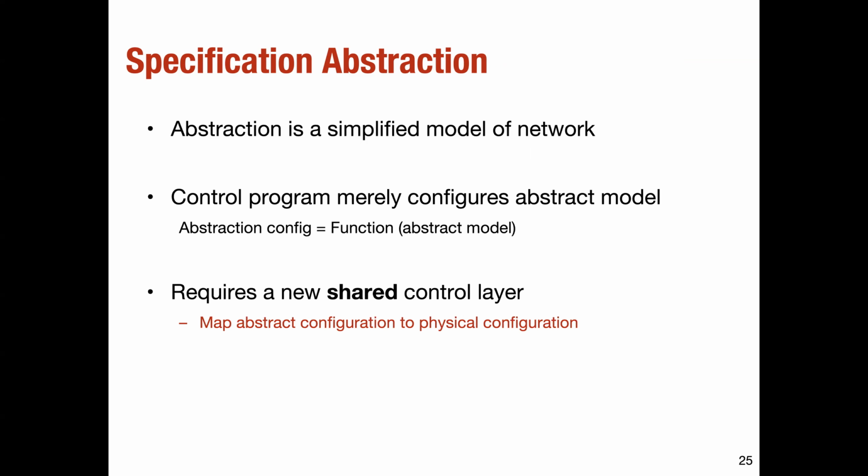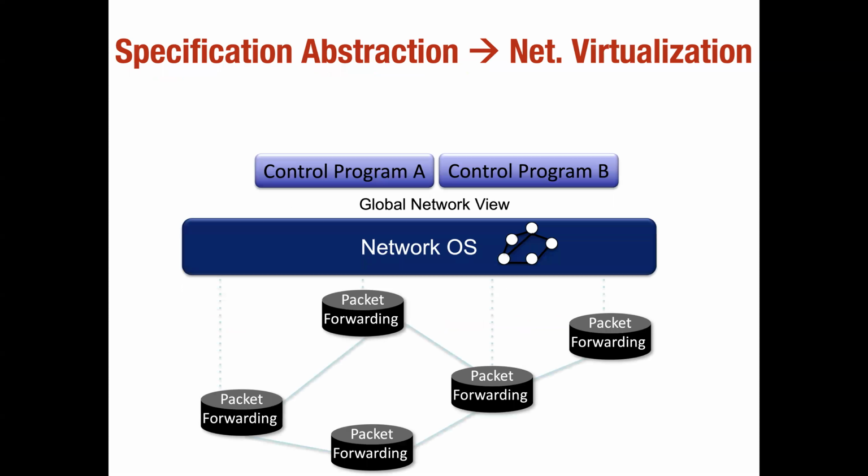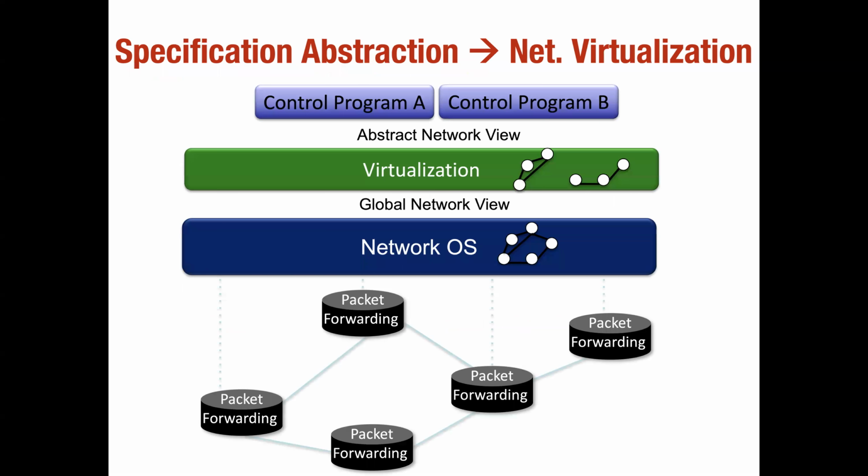And then it will require a shared control layer that makes these translations: an actual network view to an abstract network view, and then an abstract configuration to an actual network configuration, right? So that translation has to happen with some shared control layer, and that control layer is called the network virtualization layer. In this case, you have the network operating system, which has the actual view of the network, and then we have a virtualization layer that provides an abstract view of the network.